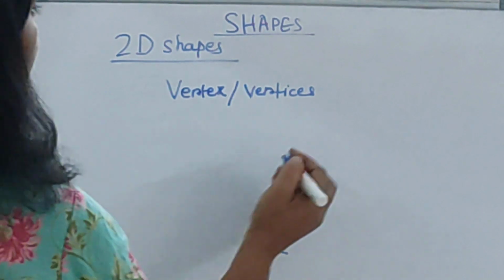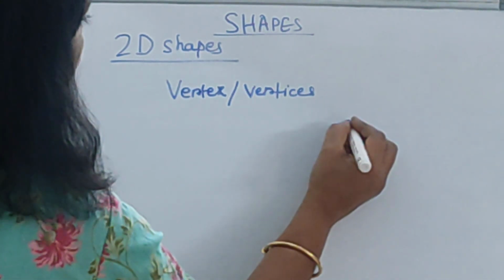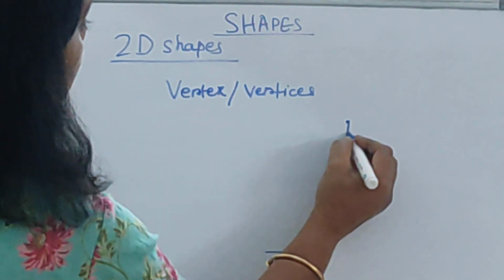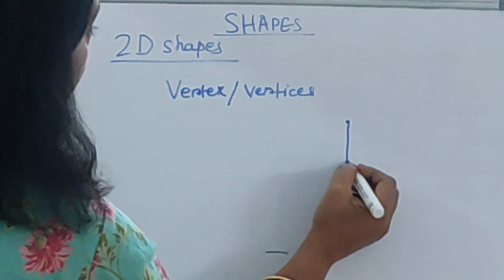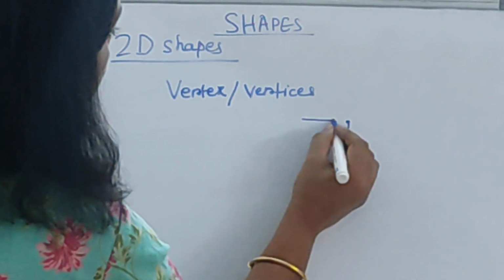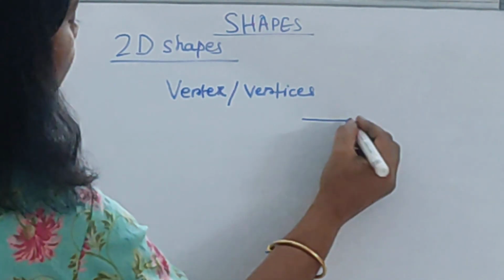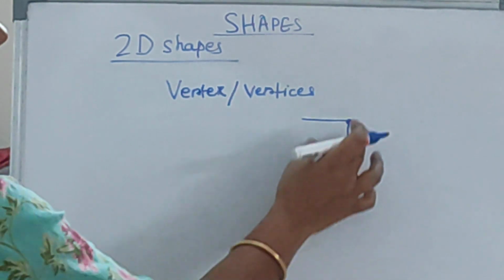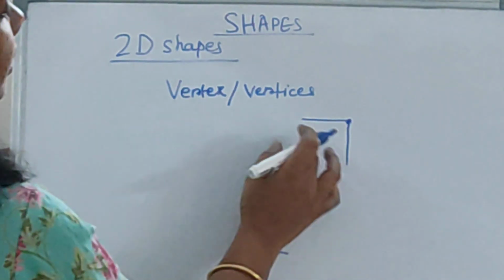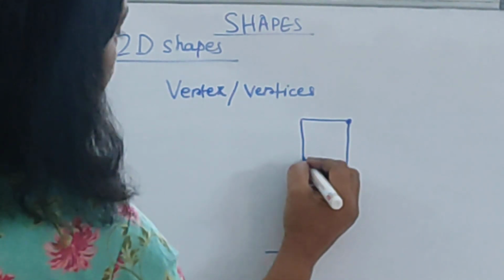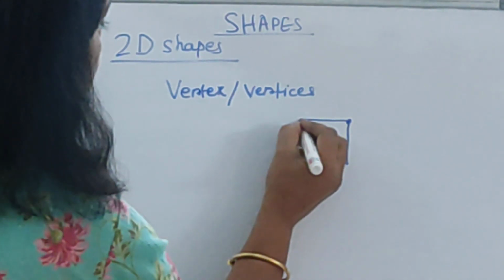A point where two or more line segments, one line segment and another line segment, meet together is called a vertex in the singular.